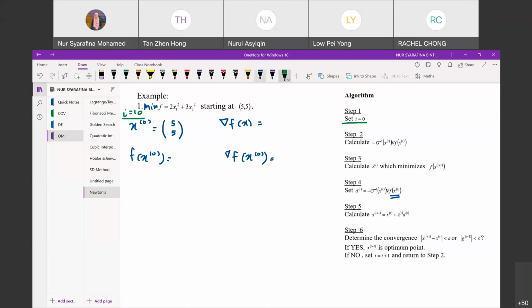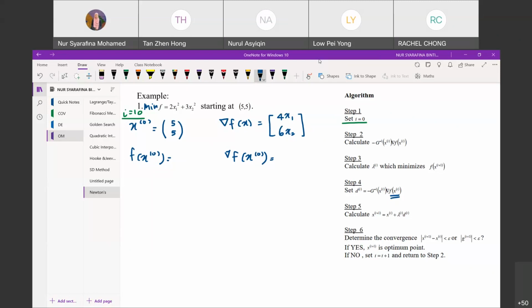Your x naught is 5, 5. Your derivative is 4x1, 6x2. And then for f of x naught, just substitute 5, 5 into the function.